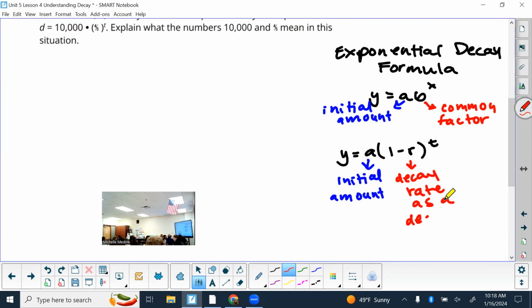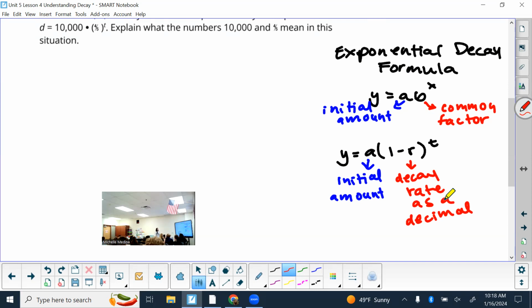So if it says it's decreasing by 10%, you put 0.10 there. If it's decreasing by 1/3, like that example we just did, you could put 0.33. Or you could do 1 minus 1/3, which is 2/3. That's how we got to B. This is another way to write B, if it tells you what it's losing each interval.